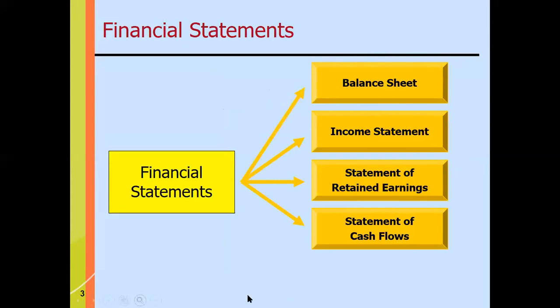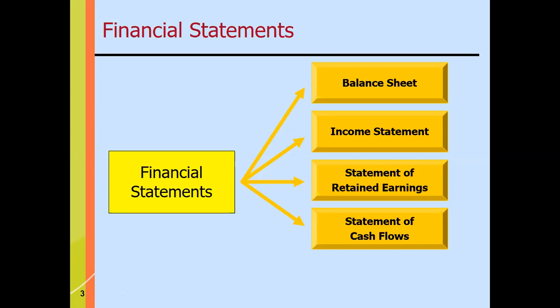However, this is changed to statement of financial position. The income statement shows us the performance, whether we are profitable or losing. If we are profitable, the result of the operations is called profit, while if the opposite is true, that is a loss.